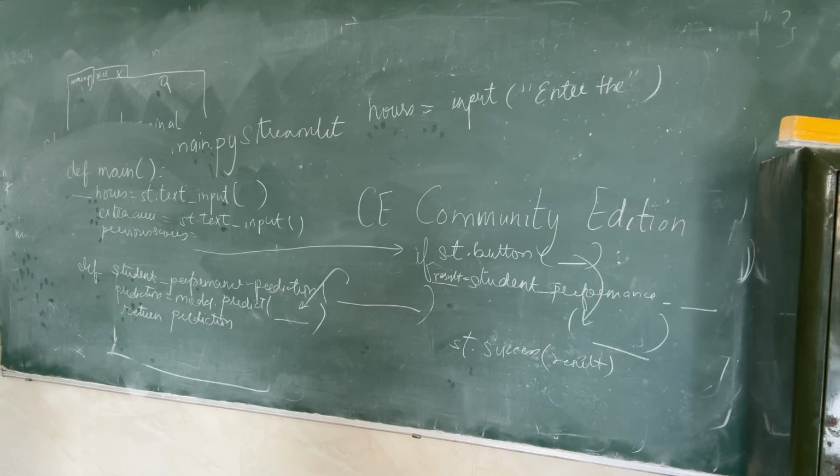Let's see if your input works. Okay, there is. Oh, so this has to be st.text_input, right? That's why I was giving you enter in the terminal, because you used the normal input. We have to use st.text_input. Try to use that, and then do it for all the others also.